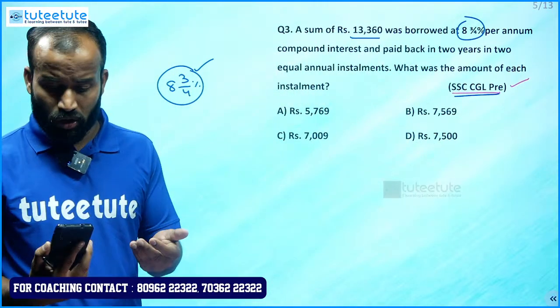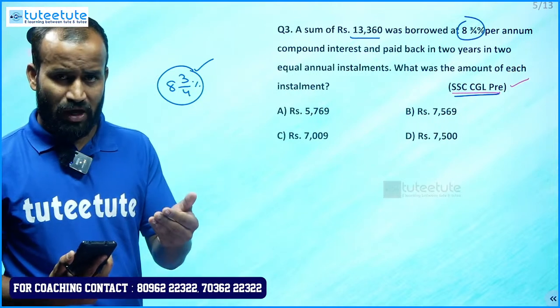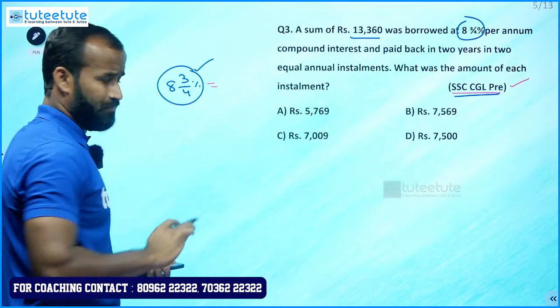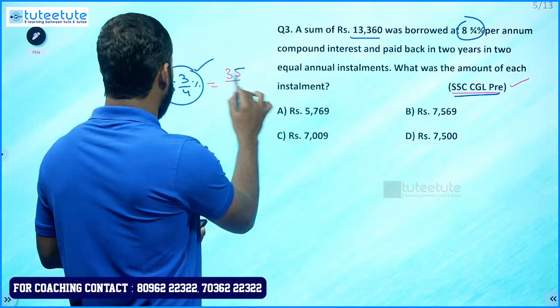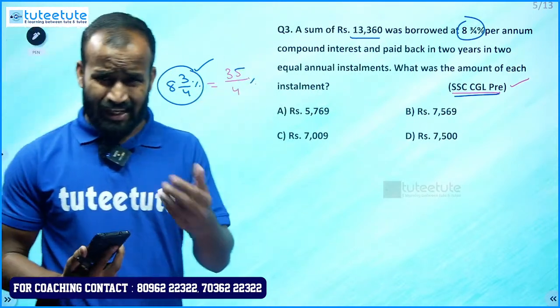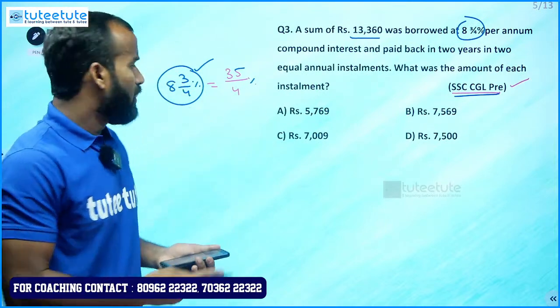You have to know how to convert percentage to fraction, fraction to percentage. See, 4 eights are 32 plus 3, 35/4 percentage. If you want to convert it into fraction, divide with 100.